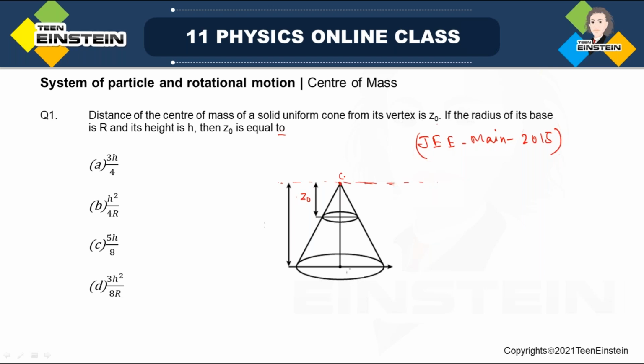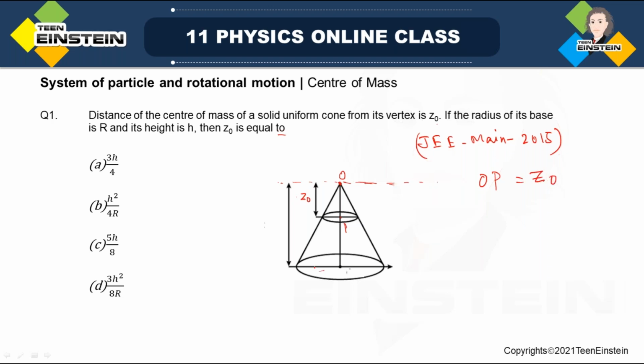This is the vertex, this is O, and suppose this is point P where the center of mass is situated. OP is z0, that is what is given here.